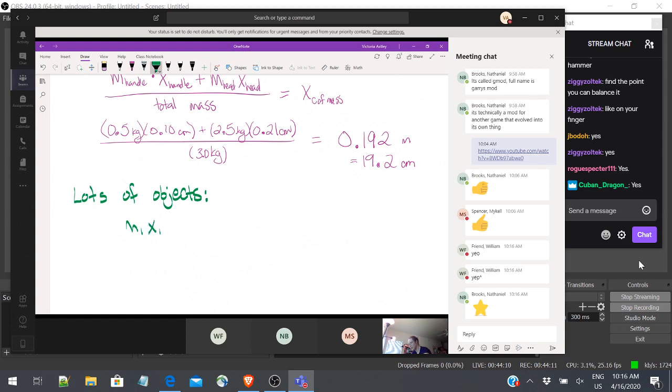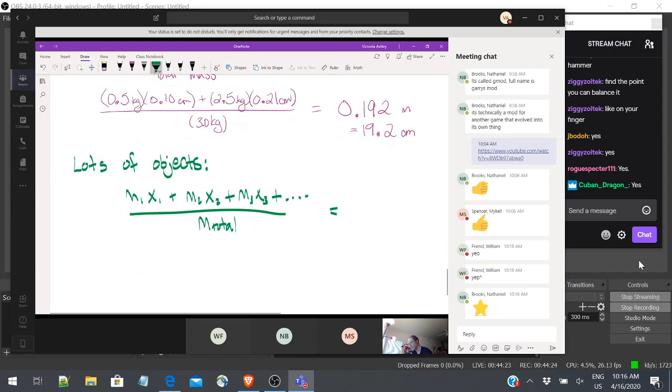M1 x1 plus M2 x2 plus M3 x3 plus however many you have, divided by your M total. You can write this as the sum of m_i x_i, and then you divide it by the total mass. So this, I believe, is the version that's on your formula sheet.